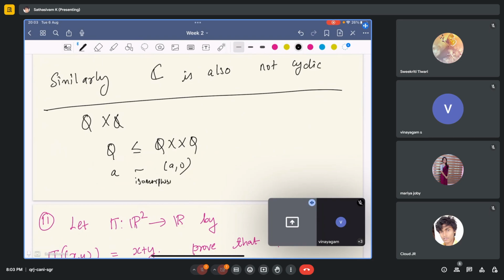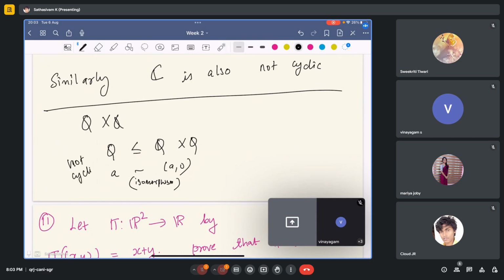If you are not familiar with isomorphism, probably you can leave this for a while until you understand isomorphism. Then you can come back. So now we know Q is not cyclic, and this is a group that contains Q, so it cannot be cyclic. So this is also not cyclic.